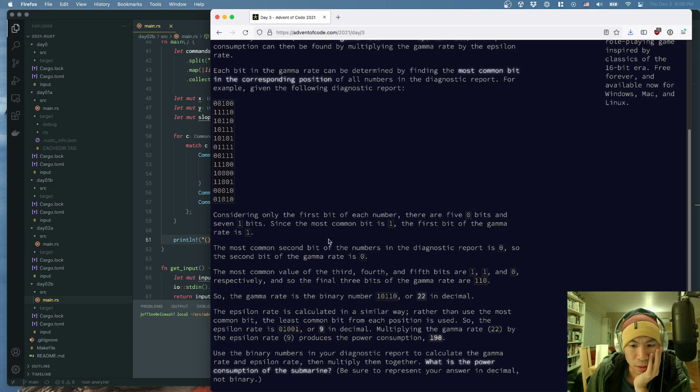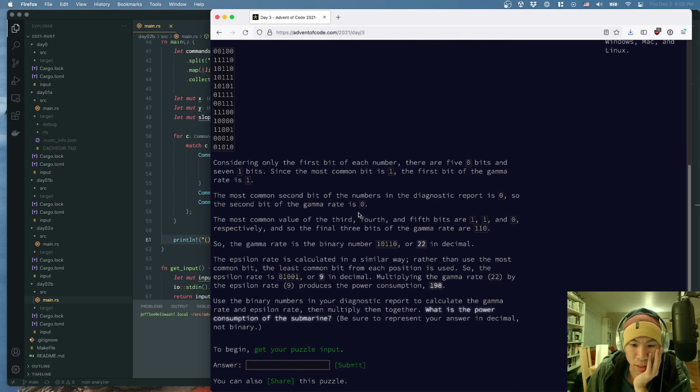Great. And then the gamma rate is either 1 or 0 based on the values in that particular digit, it'll basically pick the most common one. And the epsilon is the inverse of that.